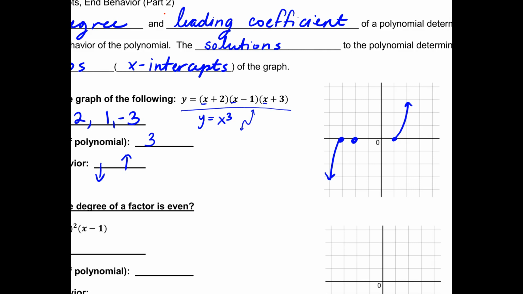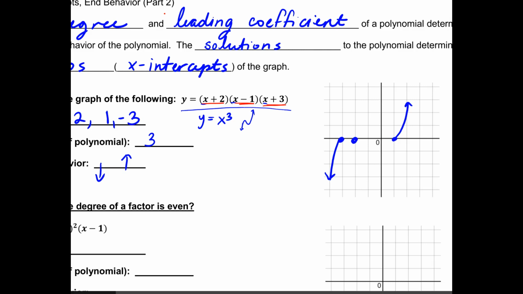And let's see what you guys can remember from yesterday. How do we know the behavior of the graph at each 0 value? Yeah, you look at each piece, so each what we call in math the linear factors, and see if the multiplicity, so how many times it occurs, is odd or even.